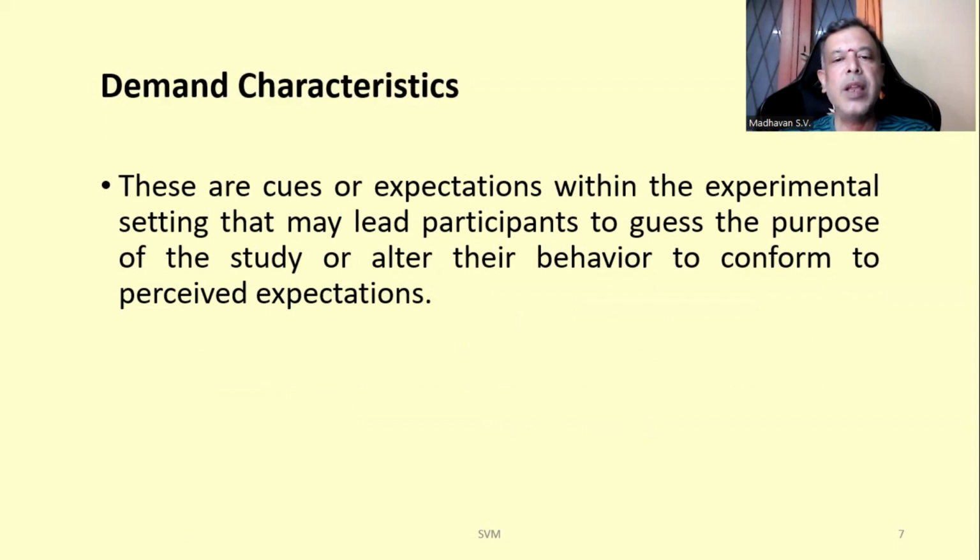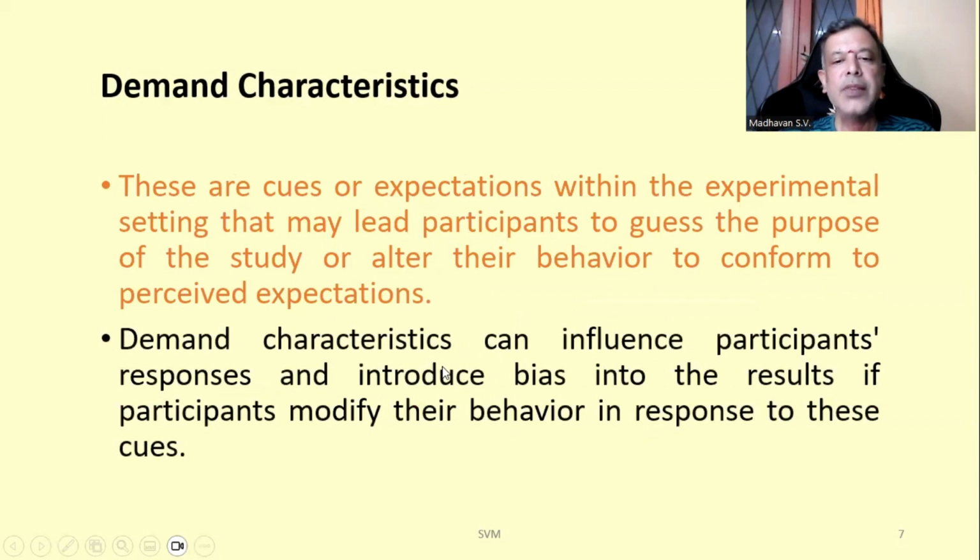So accordingly, they may alter their behavior or their opinions according to that. That becomes a demand characteristic because they think that the researcher expects or demands the same results from the participants. Demand characteristics can influence participants' responses and introduce bias into the results if participants modify their behavior in response to these cues.